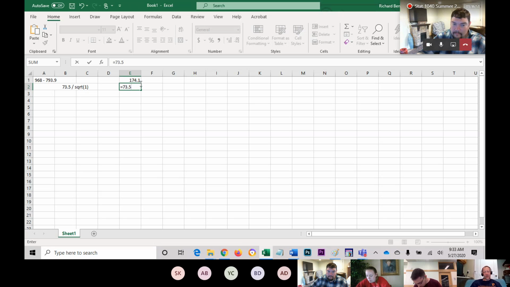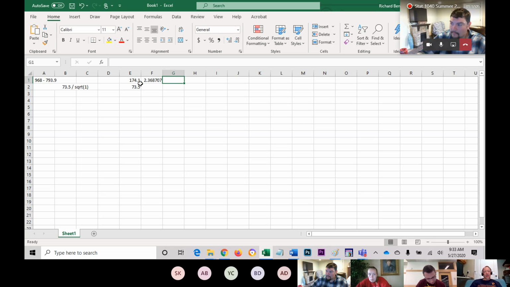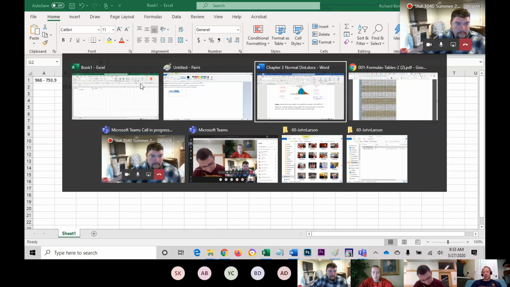There's one, divided by the square root of 1, so that's just that. So this is this divided by that, which is a z-score of 2.3687. Now, this is going to round to 2.37. Okay? Now we're going to have to go back to our chart here.